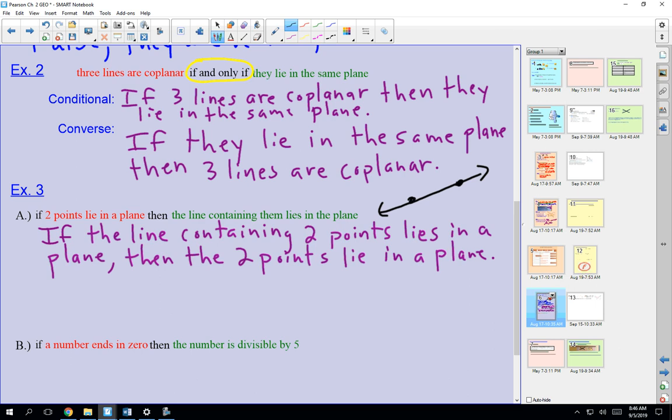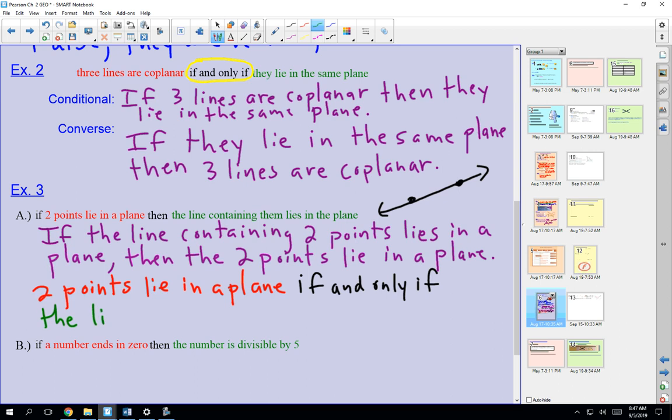And all we do is take the red part here, the 2 points lie in a plane, and then we're going to combine it with the green part by putting in an if and only if. So if and only if, there's what makes it biconditional. And then I'm going to write the green part, the line containing them lies in the plane.